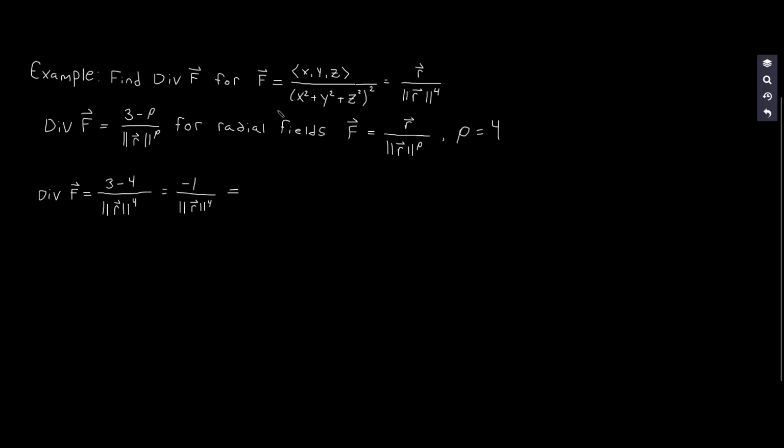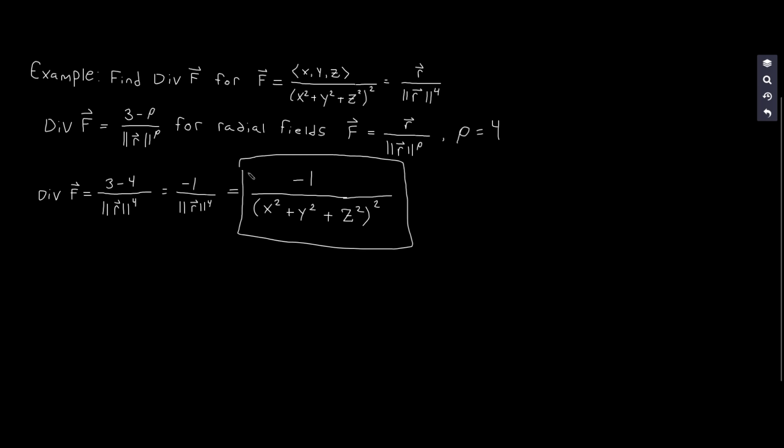So we can put the denominator as x squared plus y squared plus z squared quantity raised to the power of 2, because that was given to us in the prompt, and it's shown that these equate to one another, and the numerator is going to be negative 1. And so that is how you would find the answer to a problem like that.